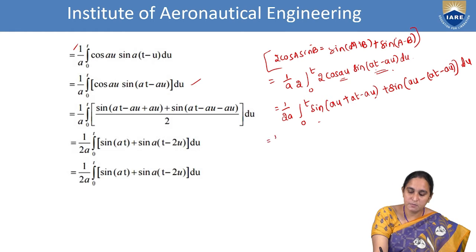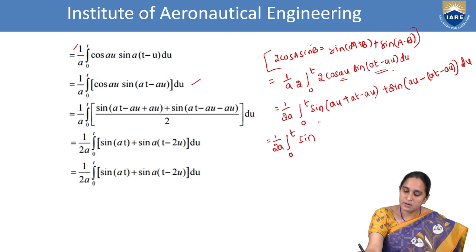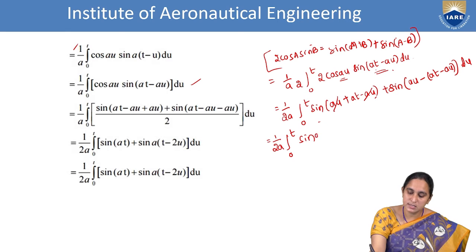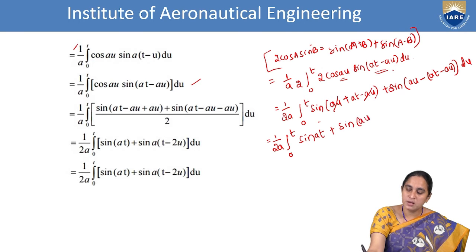That is 1 by 2a into integral 0 to t sin, here au minus au plus au cancel, that is sin at, plus sin of au minus at, minus into minus plus au into du.